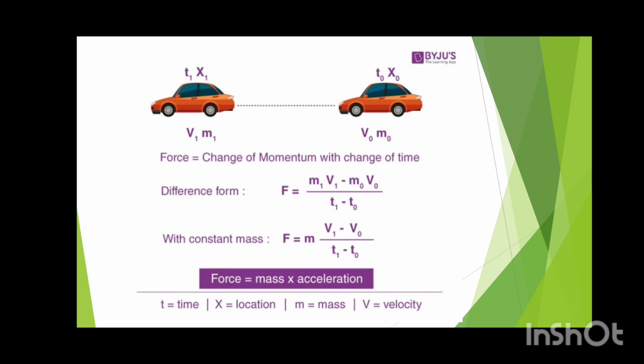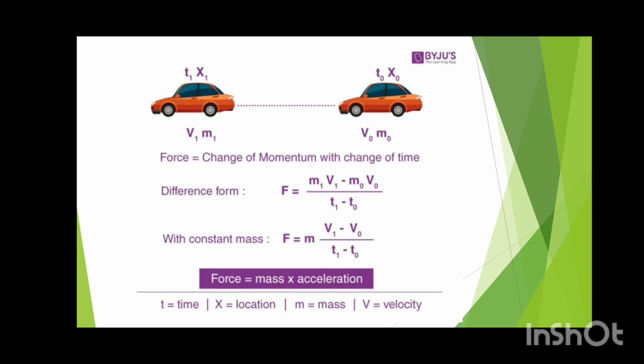That means (v1 - v0) / (t1 - t0), final velocity minus initial velocity divided by final time minus initial time. That means rate of change of velocity. We already know that rate of change of velocity is called acceleration. So (v1 - v0) / (t1 - t0) is replaced by a.